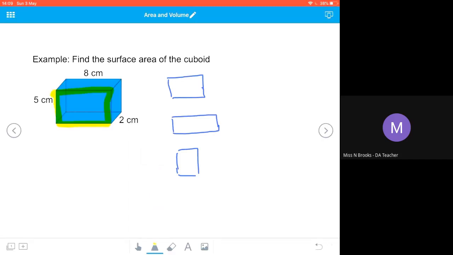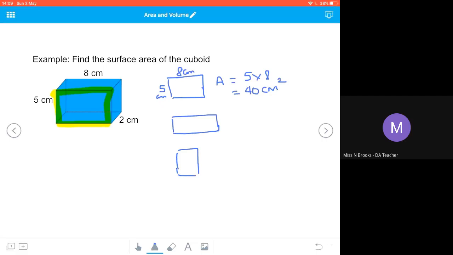So you can see that if I put my dimensions onto my sketch, I've got one dimension of 5 centimeters, and the other dimension is 8 centimeters. So the area of this front is going to be 5 times 8, and that's going to be 40 squared centimeters.